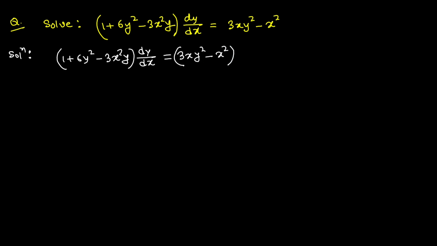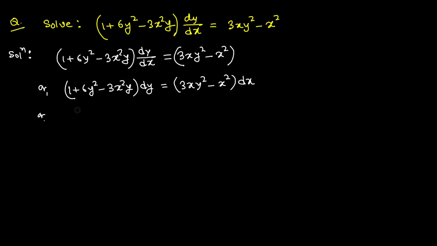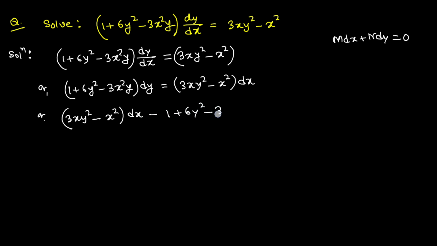Now from here, (1 plus 6y square minus 3x square y) dy is equal to (3xy square minus x square) dx. You have to write it in the form M dx plus N dy equals 0. So from here (3xy square minus x square) dx minus (1 plus 6y square minus 3x square y) dy is equal to 0. Clear?